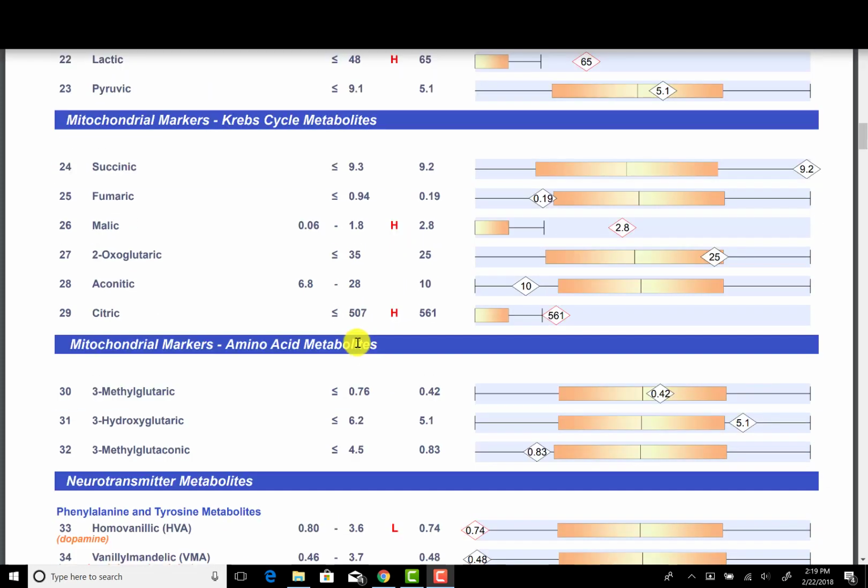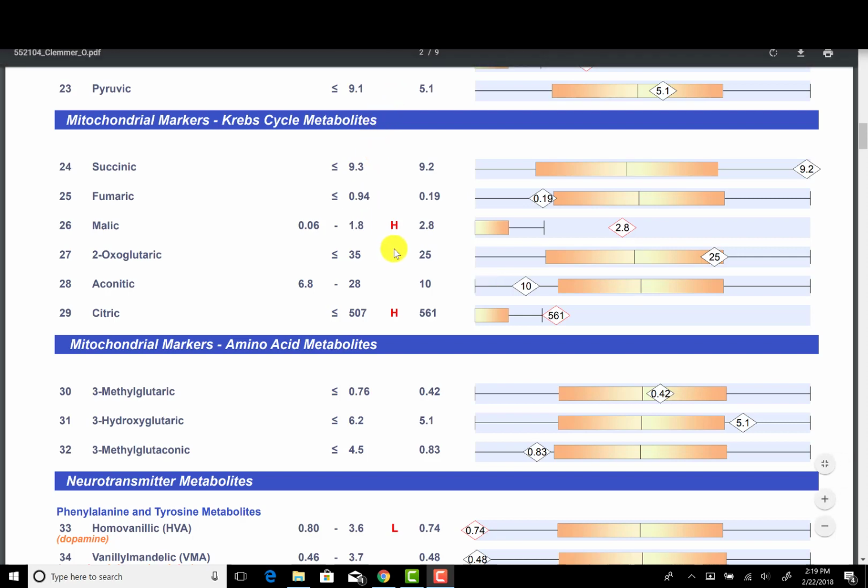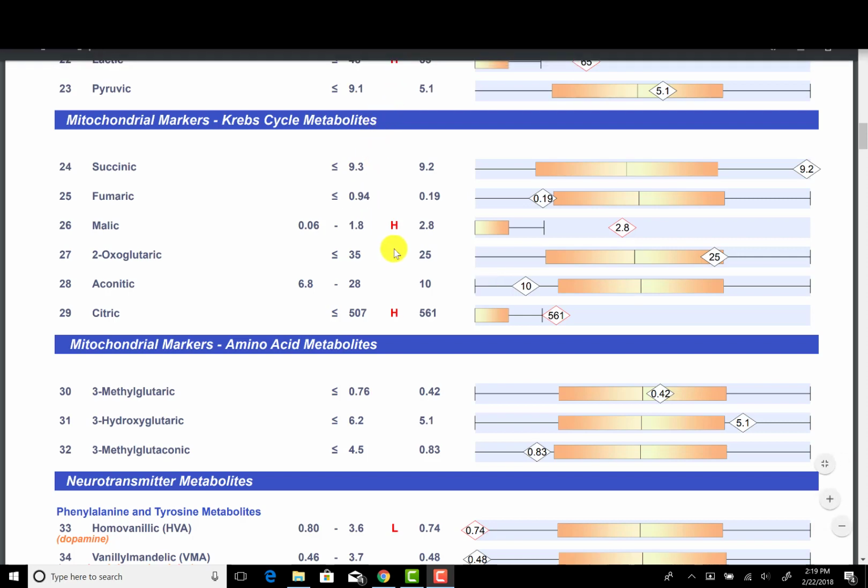So if we just keep going down through there, there's some more mitochondrial markers coming up, but we already see that she can't burn fat very well for energy. So she's going to have a hard time doing any type of nutritional plan, because as soon as she runs out of glucose, she's going to really feel hungry and really need more fuel when she actually has plenty of fuel in the form of fatty acids she just can't tap into.